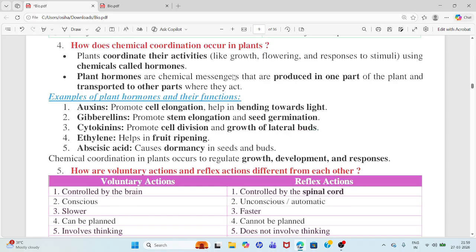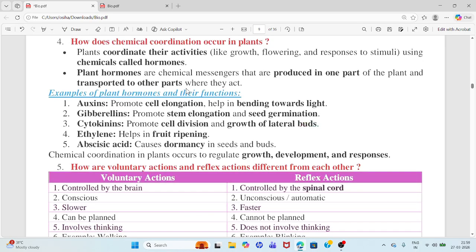Plant hormones are chemical messengers that are produced in one part of the plant and transported to the other parts where they act. Examples of plant hormones and their functions: auxin, gibberellins, cytokinins, ethylene, abscisic acid. So learn these points.